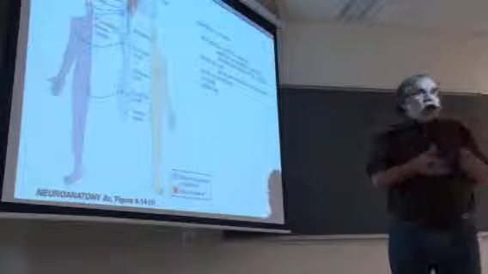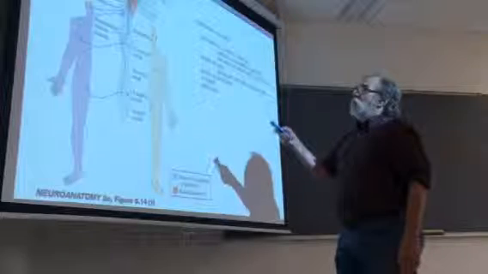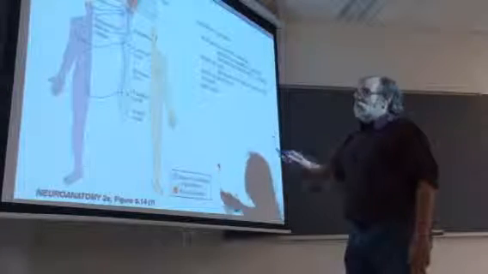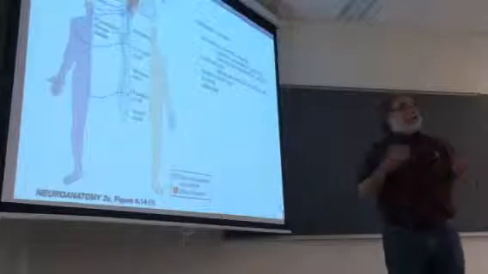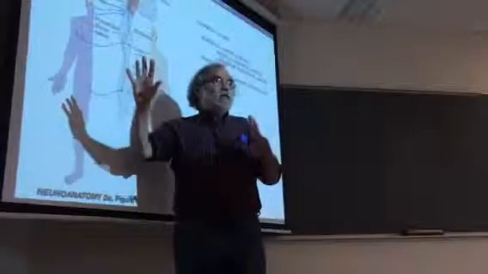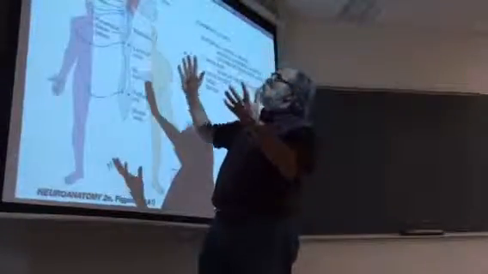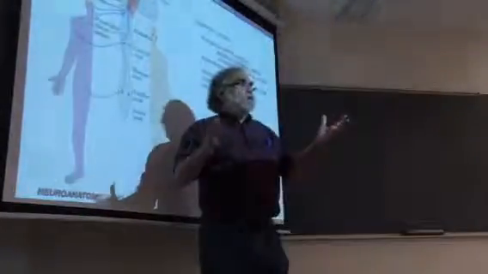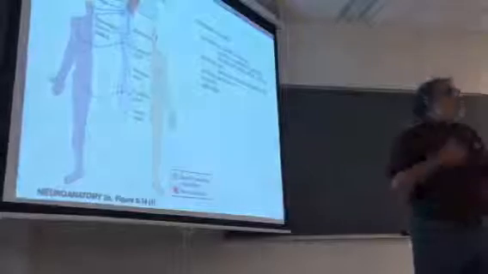Now, what you have to do is start to be able to visualize these tracts. You should work at drawing out the cord getting up to the brain. So this kind of looks like maybe a head of cauliflower on a long stalk. It does, doesn't it?